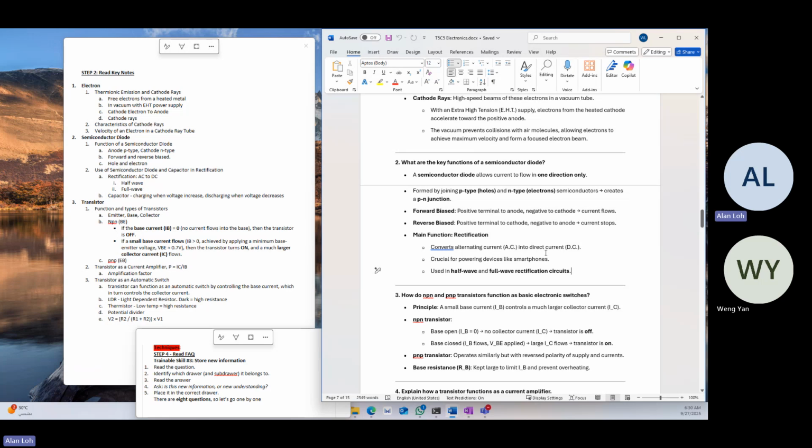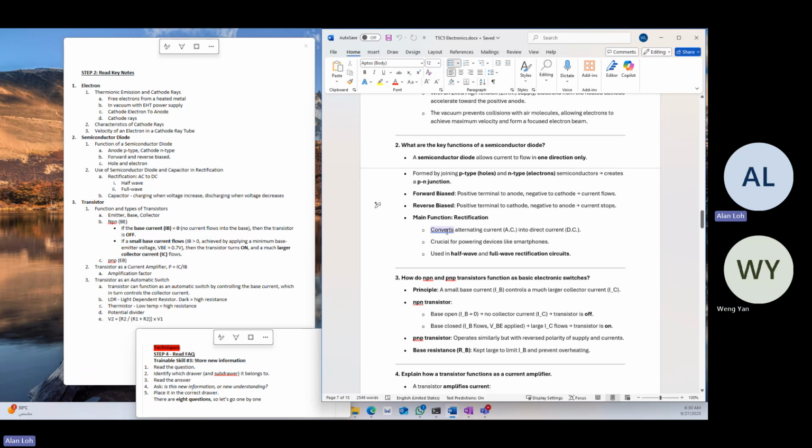Maybe the new understanding is that the anode is always positive and the cathode is always negative. So when you reverse it, it is reverse biased, so it will stop the flow.